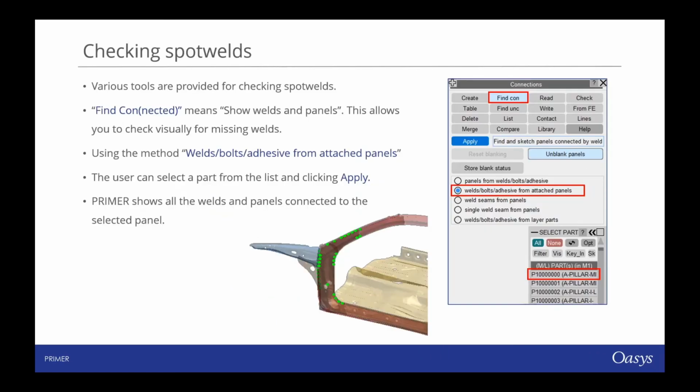Now, there are various tools in Primer that are provided to check spot welds. So one in particular here, actually within the connections panel itself, is find connected. And this means really just show the welds and panels. So it's a visual check for any missing welds in a particular area.